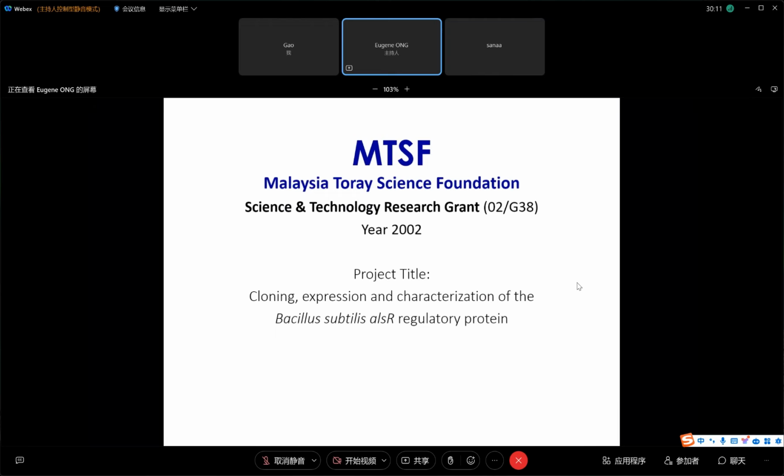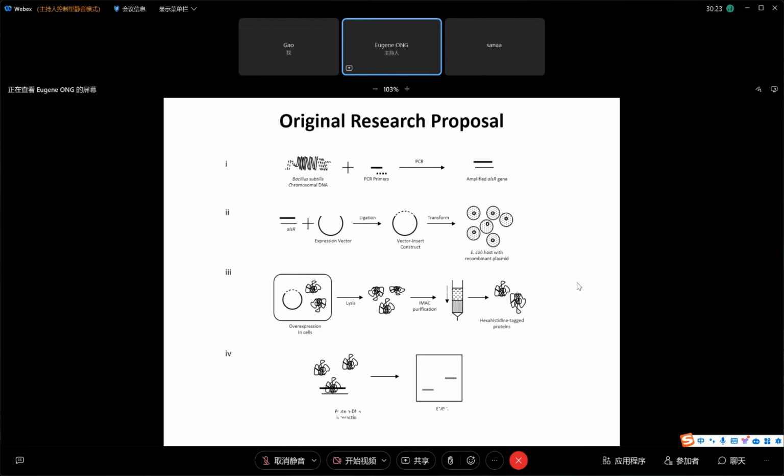During the year 2002, although we already had PowerPoint, still during that grant interview, we had to use transparencies. Nowadays, nobody uses transparencies anymore. A transparency projector is a light projector, where you place a transparent film on top of it, and then it projects a light on the screen.